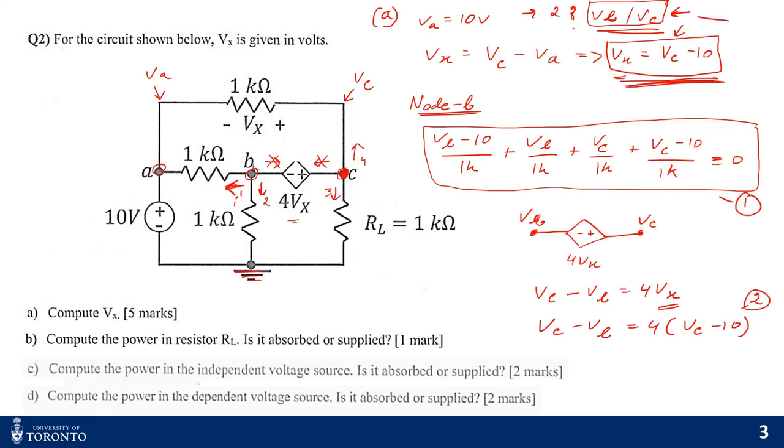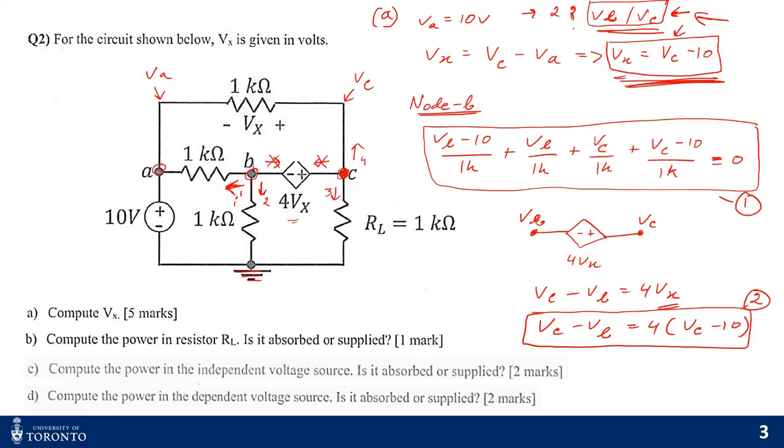So for two unknown nodes, I already have two equations. Now I can just solve these two equations, and since I know my VA, I find VB and VC.